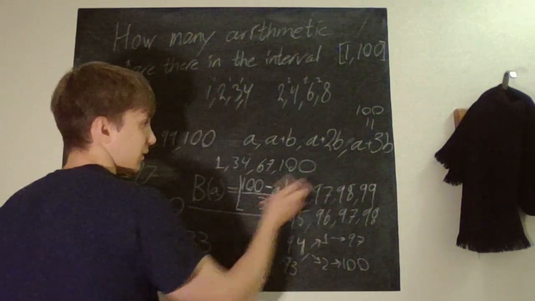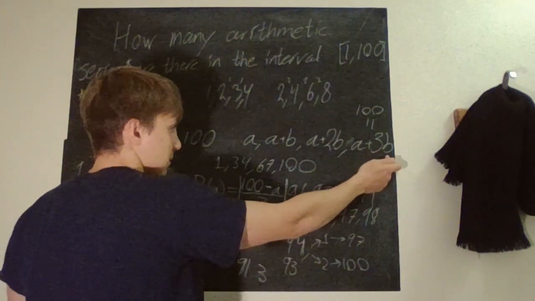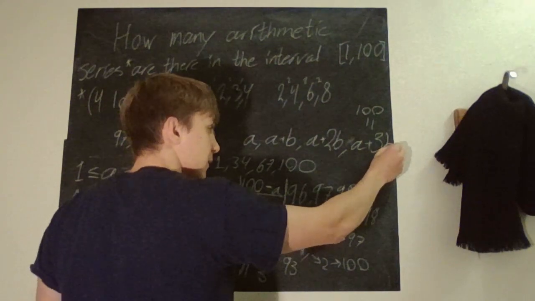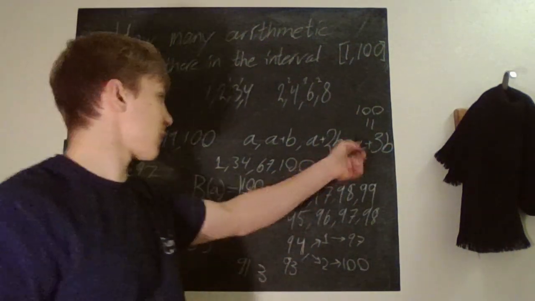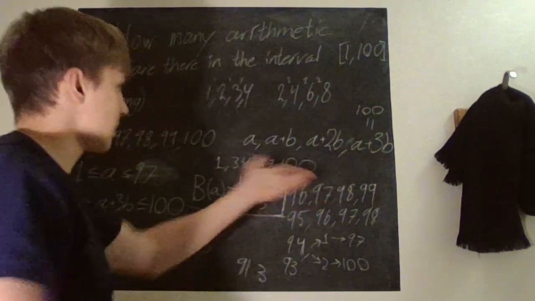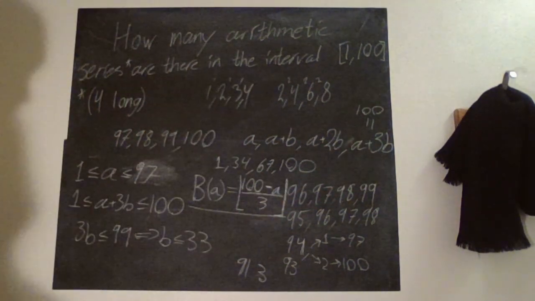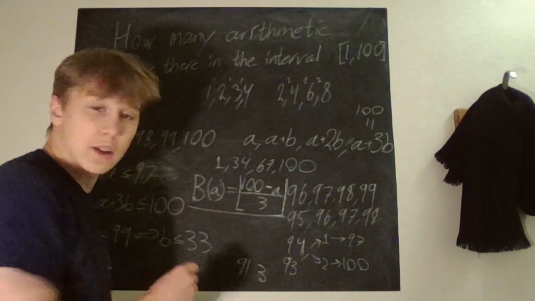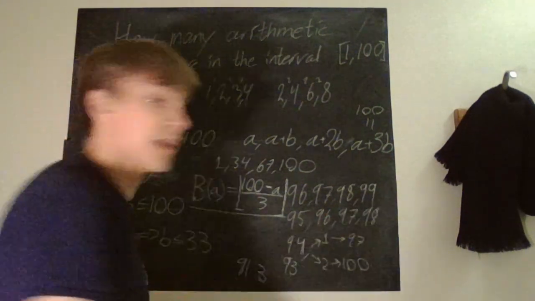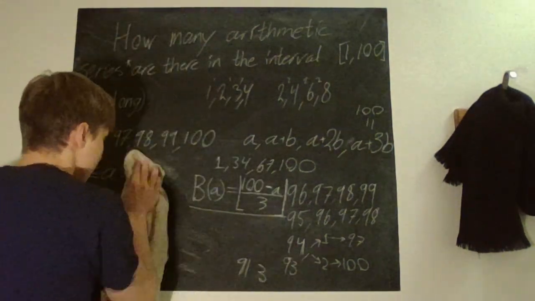This is almost solving for b. This is basically the same thing. And since we just want b to be an integer, we use the floor function, because you take minus a and then divide by 3. Okay, so this is our function. I'll just have to erase some things and then I'll be back.